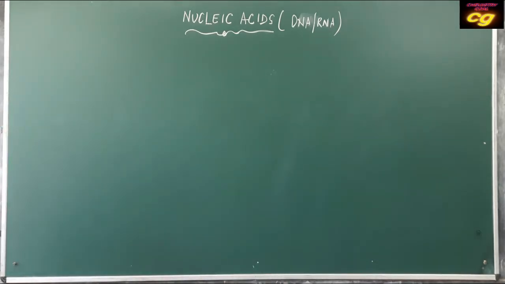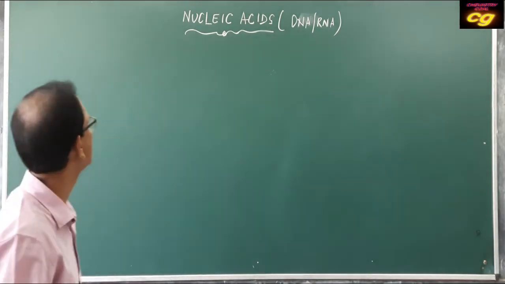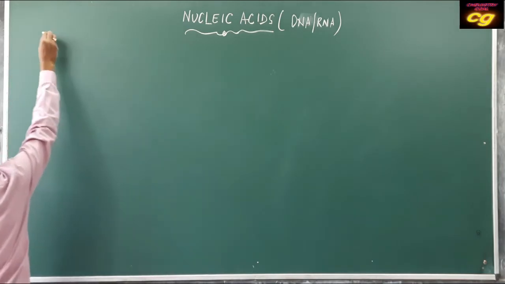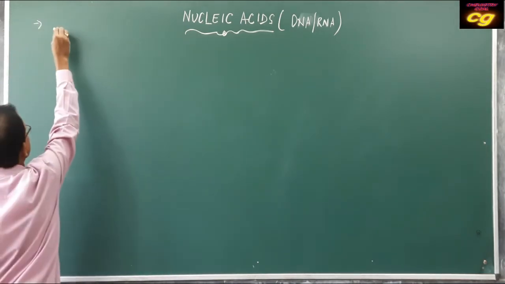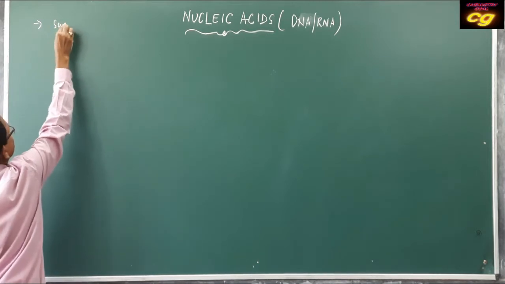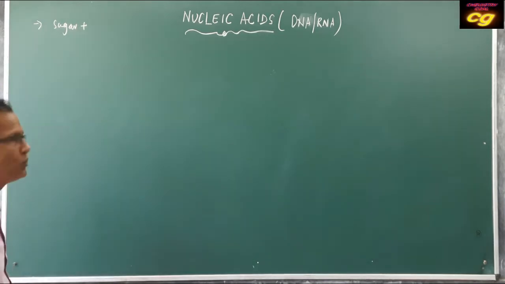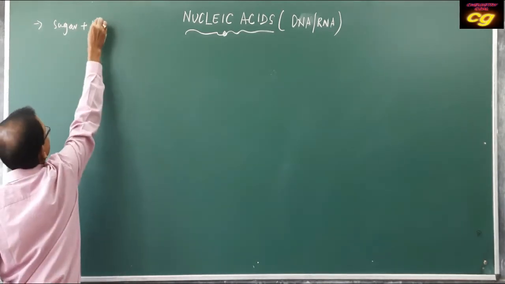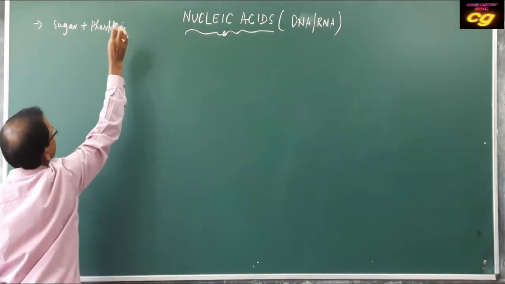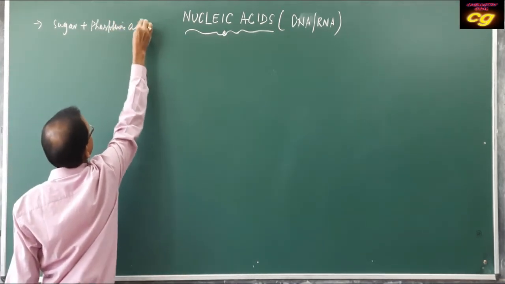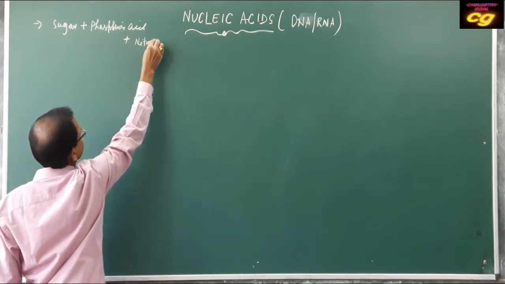And if you see the composition, nucleic acid mainly consists of sugar and phosphoric acid and nitrogenous base.